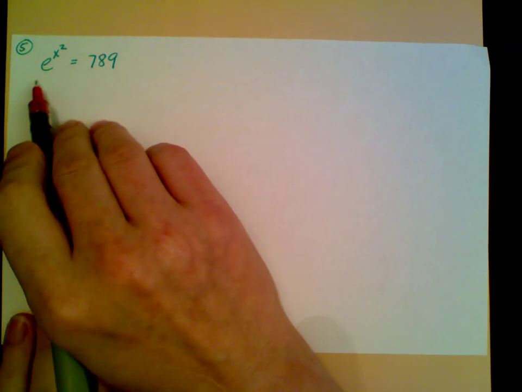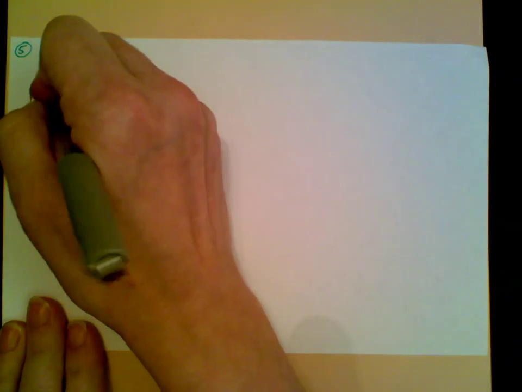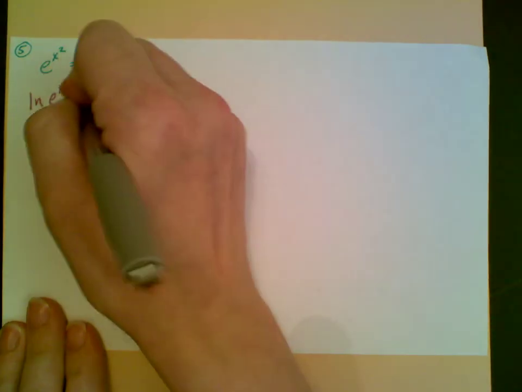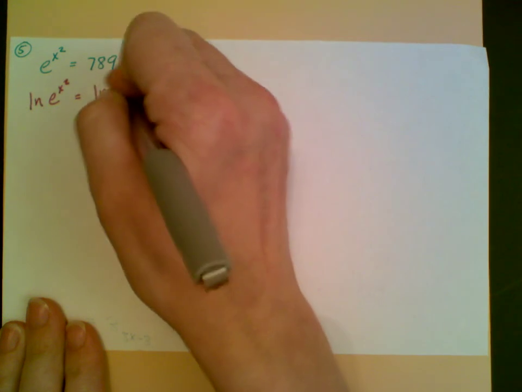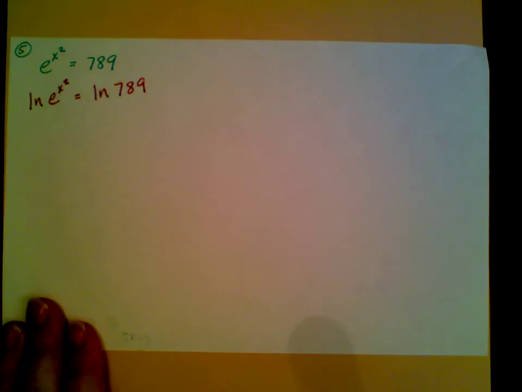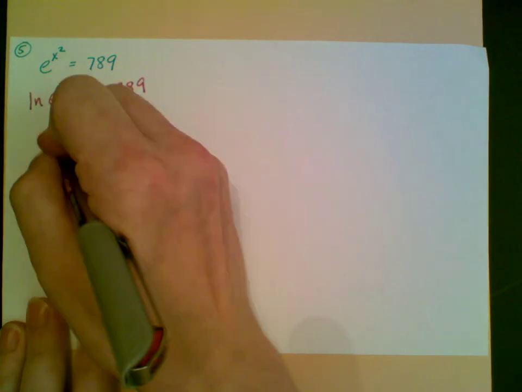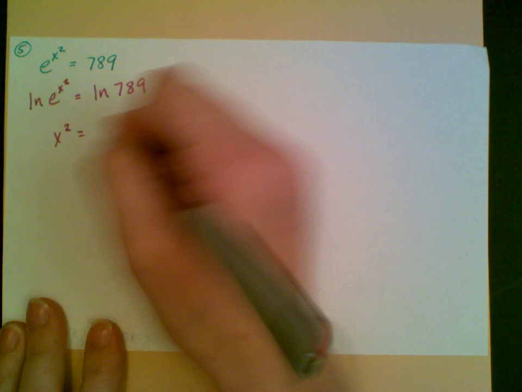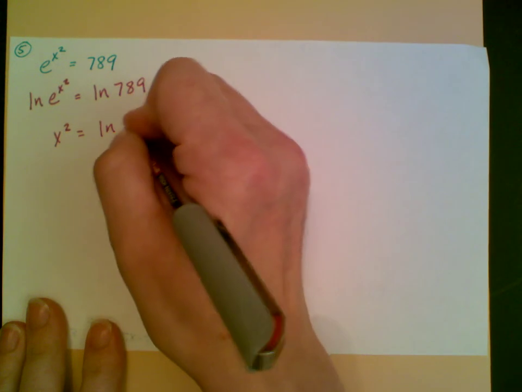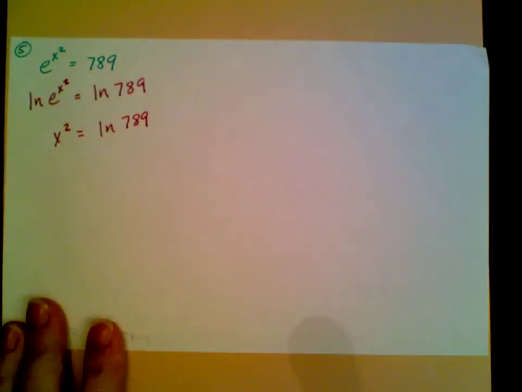Or I can take the natural log and use the fact that the natural log has a base of e, which I think is the nicer way to work this particular problem. So I'm going to take the natural log of both sides of this equation. Then the natural log of e to the x squared is just x squared equals the natural log of 789.